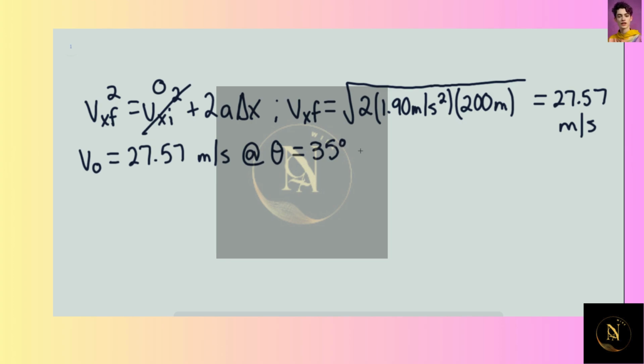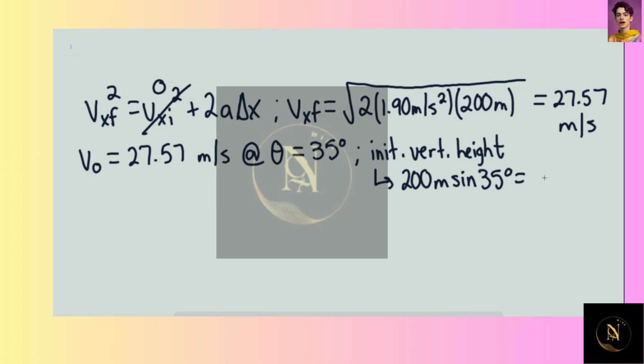We could say that the initial vertical height would be essentially 200 meters multiplied by sine of 35 degrees. And this is giving us 114.7 meters. So that would be the initial vertical height before it even leaves the incline.